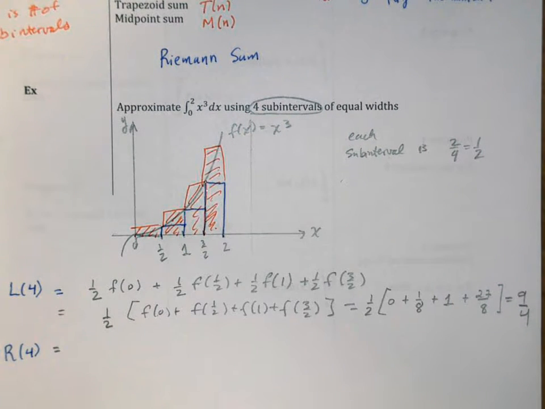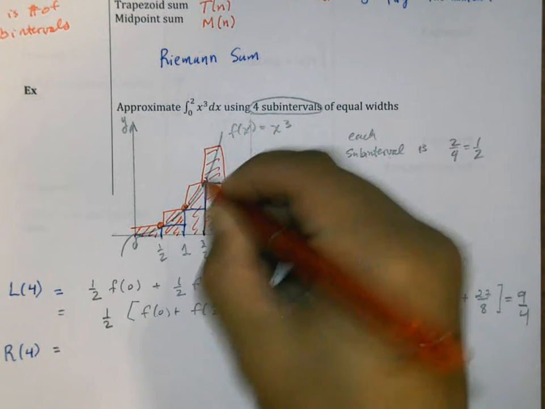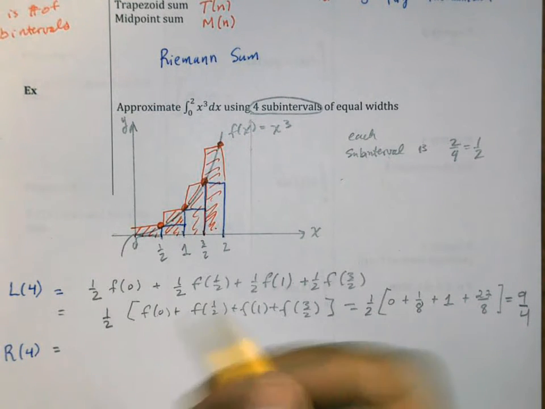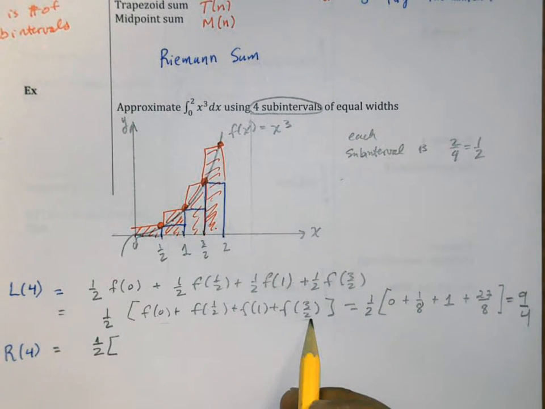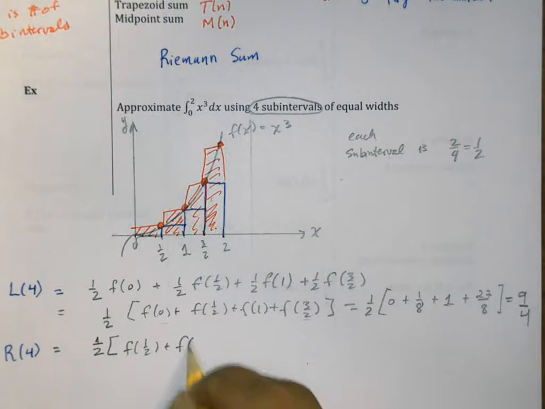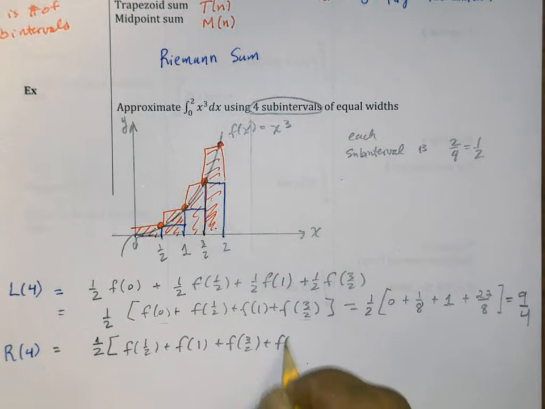Okay. So what's important here is these points. This is f of 1/2, f of 1, f of 3/2, and f of 2. So for the right rectangle approximation method, each of the bases is still going to be 1/2, but the heights of the rectangles are going to be a little bit different. It's going to be f of 1/2 plus f of 1 plus f of 3/2 plus f of 2.